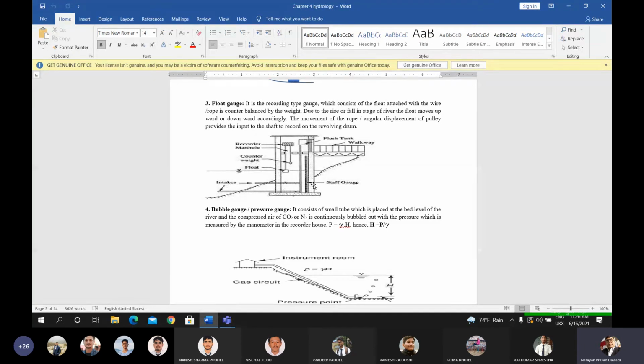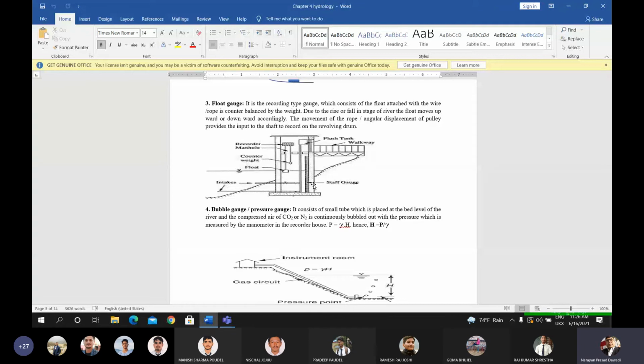When the float moves up or down, the recording mechanism provided here uses the angular movement of the rope and the pulley, which provides the input to the shaft to record on the revolving drum. Okay, this is the float gauge.